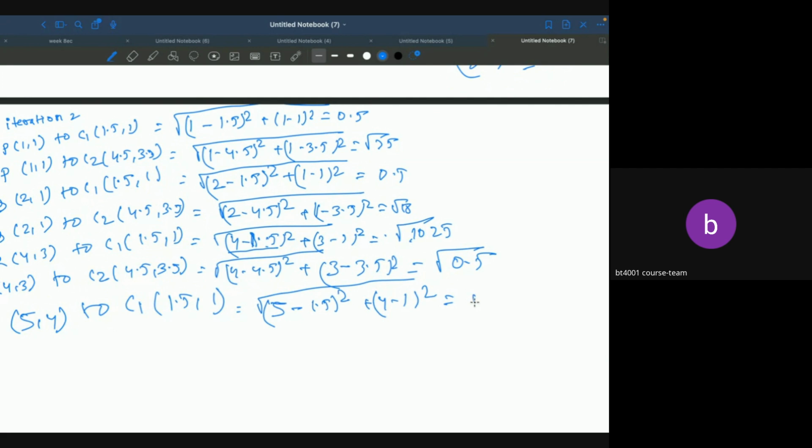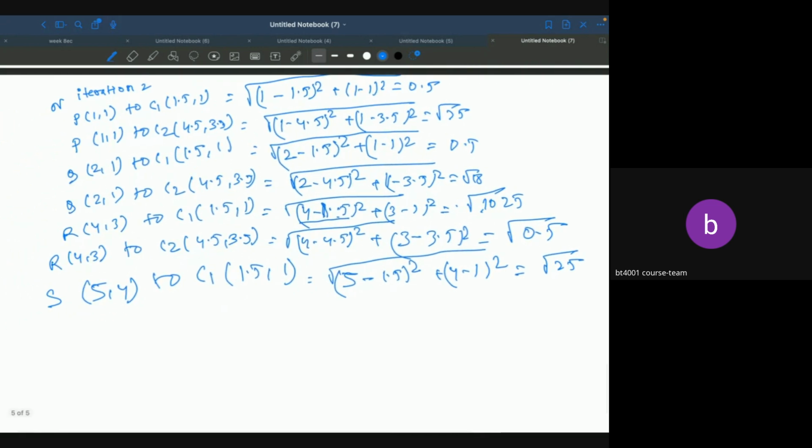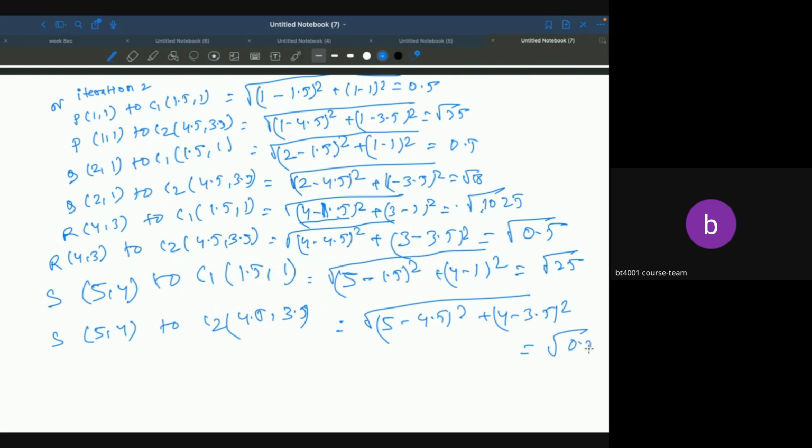So it will be root under 21.25 or something like that. Then S(5,4) to C2 (4.5, 3.5): root of (5 minus 4.5) square plus (4 minus 3.5) square. So it will be 0.5, right?